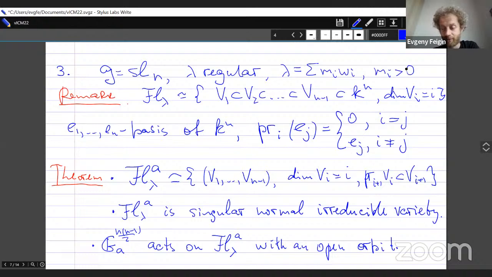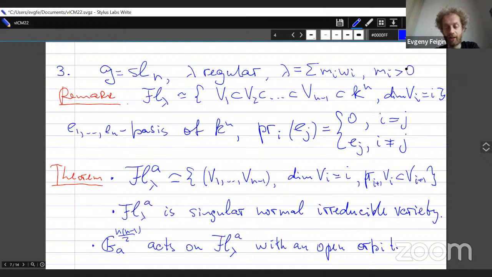The theorem says that FL lambda A consists of collections V1 up to V_{n-1}, where the dimension of Vi is i. We are not insisting on the property that Vi sits in V_{i+1}. Instead, we are saying that if you apply the operator Pr_{i+1} to Vi, then the result should sit in V_{i+1}.